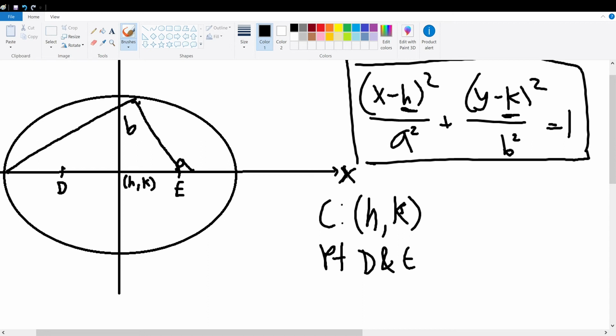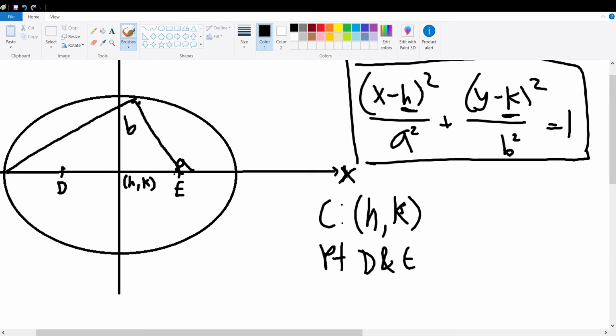That is essentially what a focal point is. It's like a focus center and the locus of all points where it's most concentrated. So essentially, points D and E are the most concentrated points along the ellipse. And notice how the focal points always occur on the major axis of an ellipse.